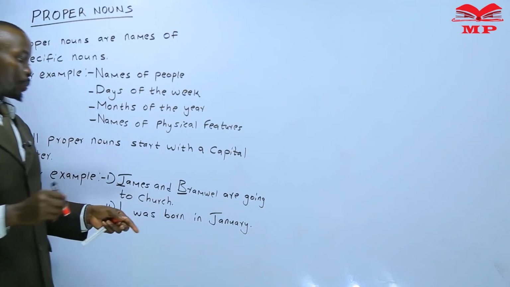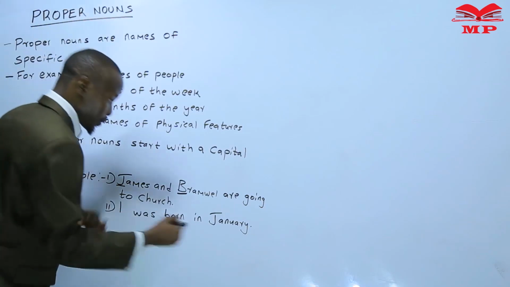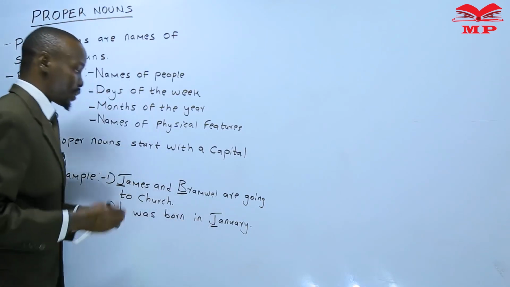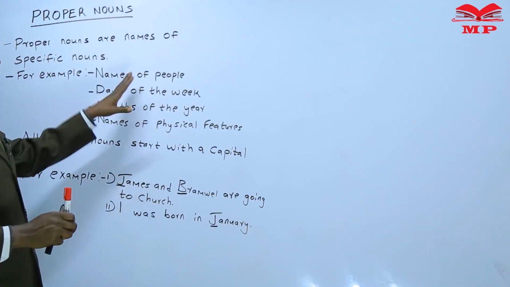So here the proper noun is January, which is the month of the year. So J is written in capital. So these are the examples of some of the proper nouns that we have.